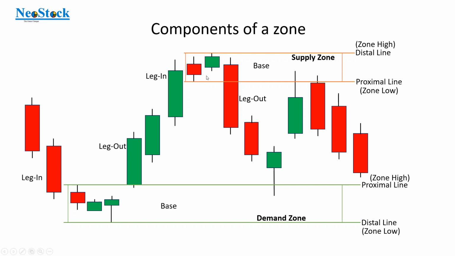In exactly the same way, for a supply zone, your leg in candle could be a drop candle or a rally candle, a medium size candle or a large candle. But the rule is that the candle should be a leg candle. The leg out should also be a leg candle, but it should always be a large candle. So this is the summary of what we have learned in today's session.